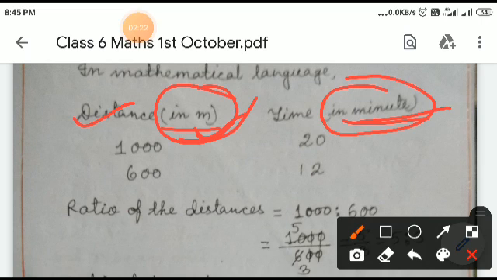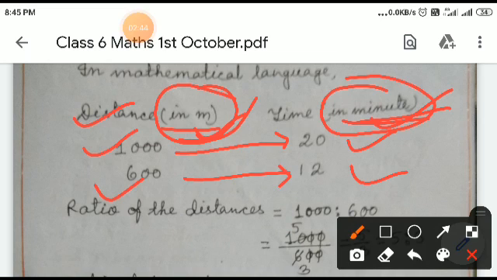Now 1000, 20 and 600, 12: Aisha covered 1000 meters in 20 minutes and Kamal covered 600 meters in 12 minutes. Aisha's distance, Aisha's time, Kamal's distance, Kamal's time.